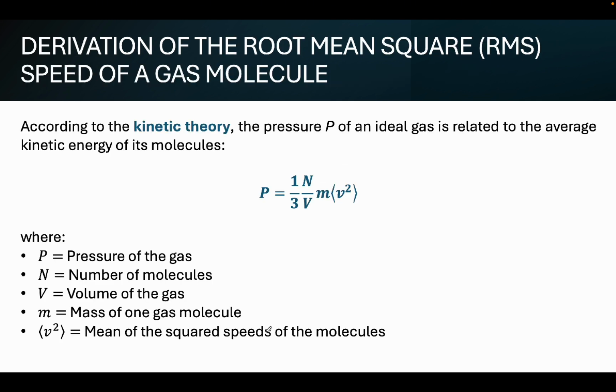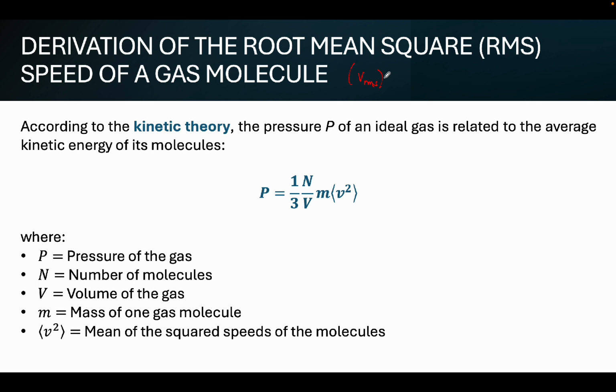Now, let's proceed to the derivation of the root mean square speed of a gas molecule. By the way, the root mean square speed of gas molecules is denoted by vrms.